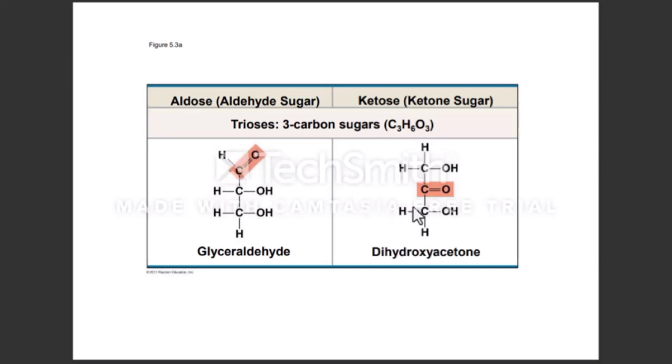Whereas here you have the same number of carbon atoms, same number of hydroxyl groups, everything is the same, but apart from the functional group. So here the carbonyl group is intermediate, so this is a ketone. So you have an aldose sugar here and a ketose sugar. So glyceraldehyde and dihydroxyacetone.